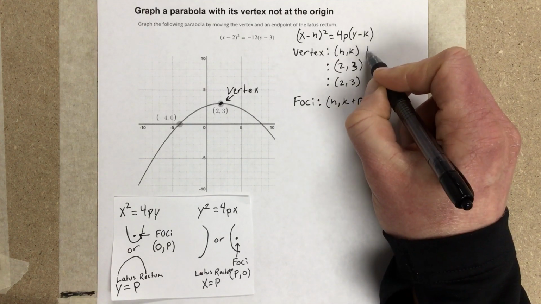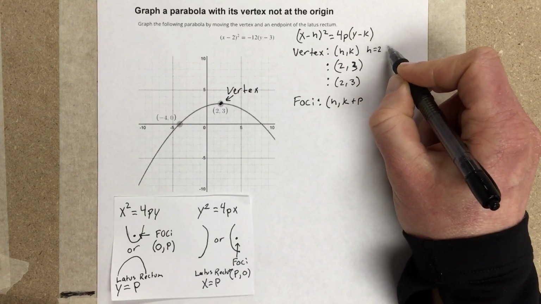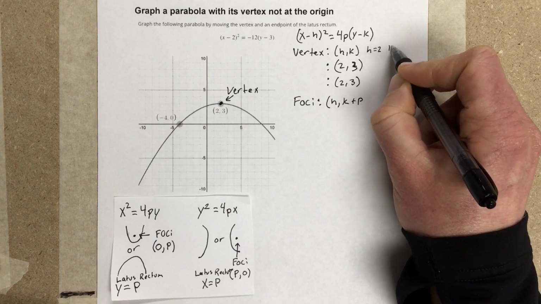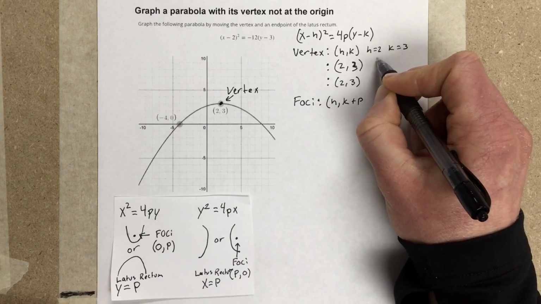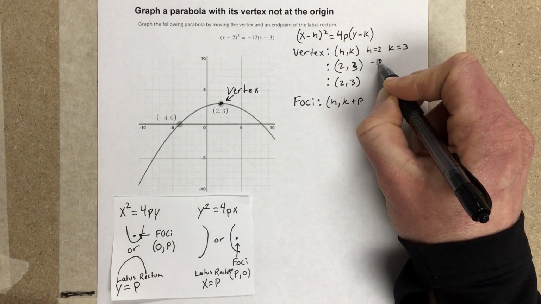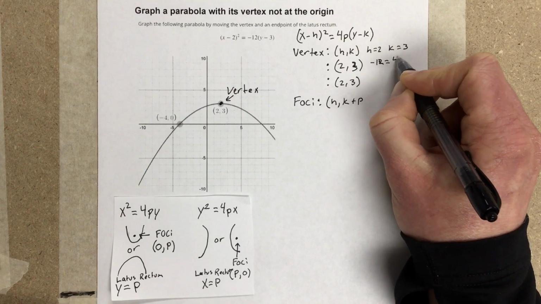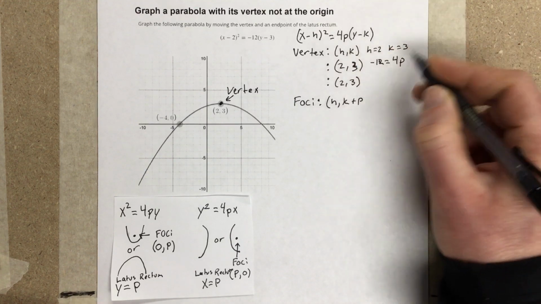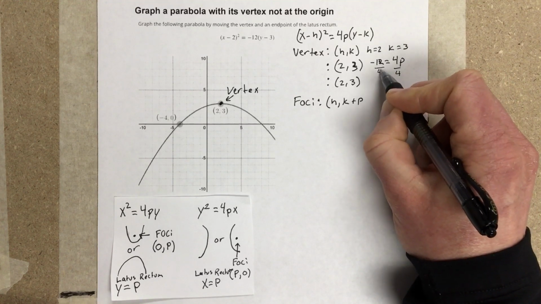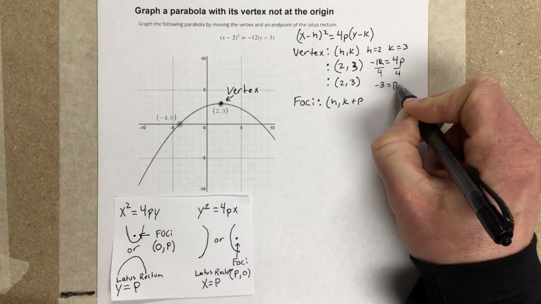From the beginning we said h is 2, k was 3, and then we can say that negative 12 is equal to 4p from the formula here. So let's divide by 4 on each side, and we get negative 3 is p.